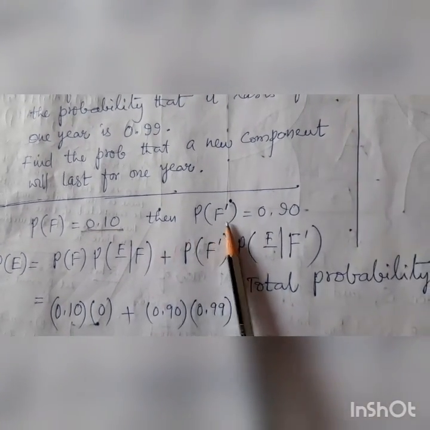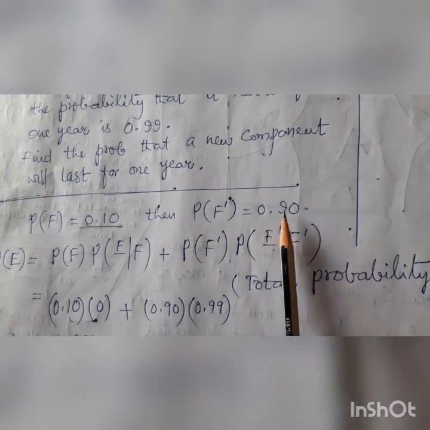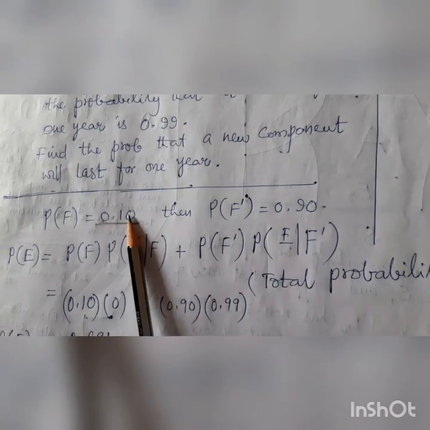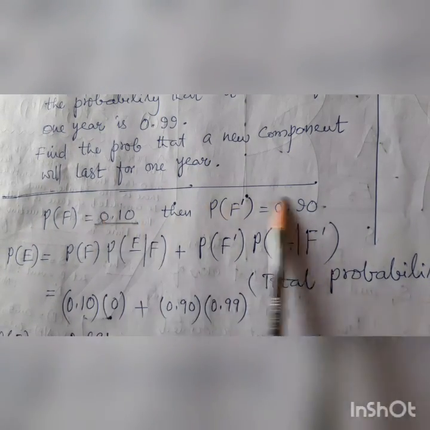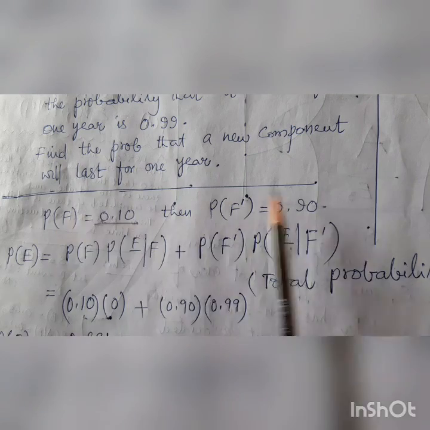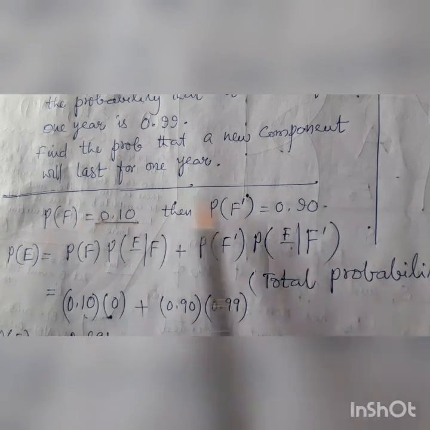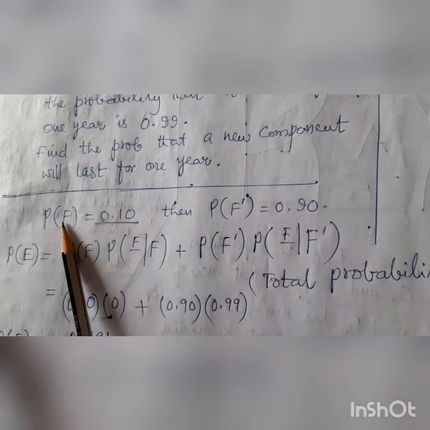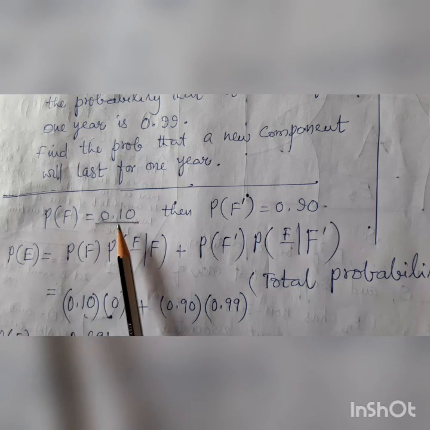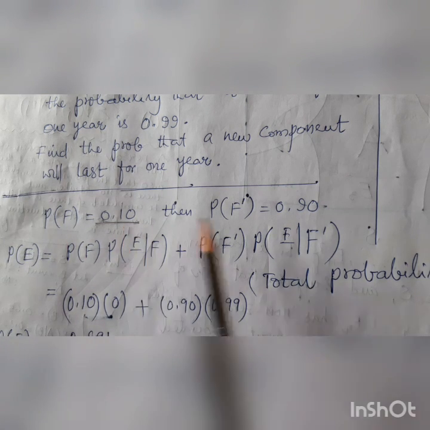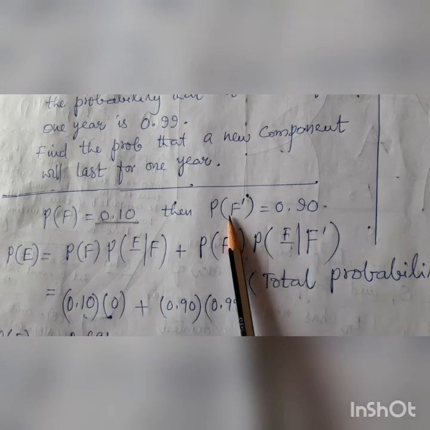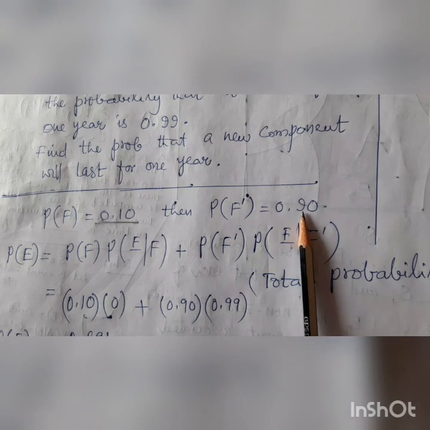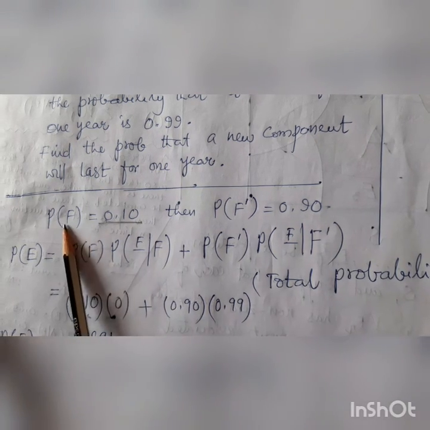Then P of F dash is 0.90, because 0.90 and 0.10 total 1. The sample space has been divided into two parts: one with probability 0.10 and another with probability 0.90.